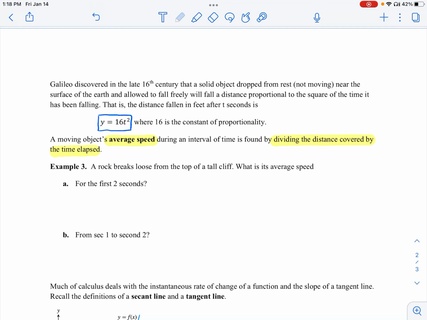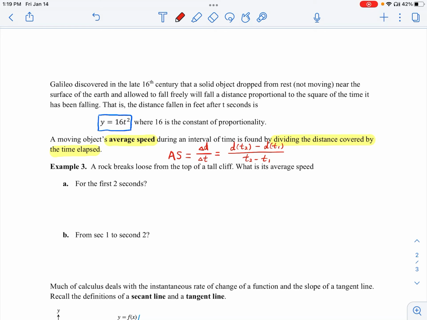So as a formula, average speed is the change in distance divided by change in time. The distance at the end point minus the distance at the beginning point, divided by the difference in time, which is t2 minus t1. That's how we define average speed.